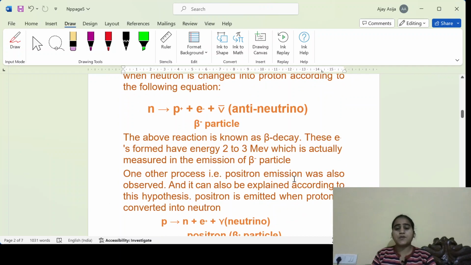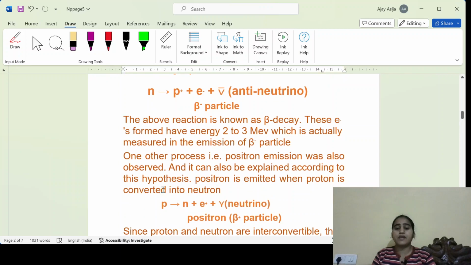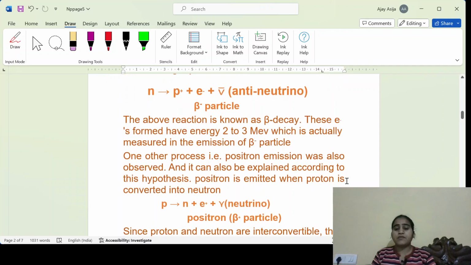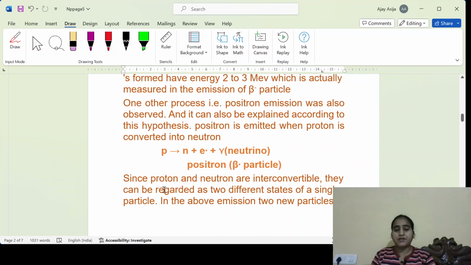One other process, positron emission, was also observed, and it is also explained according to this hypothesis. A positron is emitted when a proton is converted into a neutron. When a proton is converted into a neutron, a positron, which is represented by e plus, and a neutrino are emitted. Positron is also called a beta positive particle. These two particles along with the neutron are also emitted.